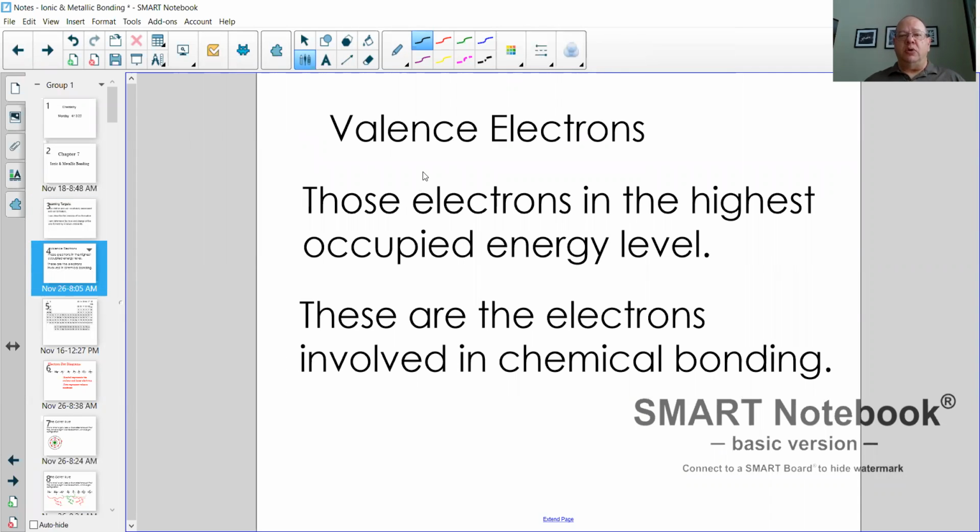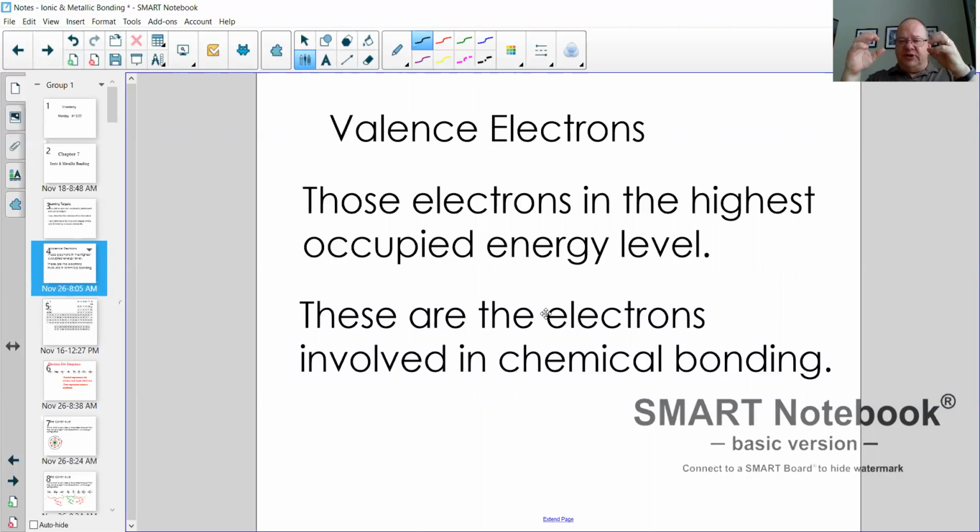So let's review a little bit. We had a term called valence electrons. That's an extremely important term when we go into talking about our ion formation and our chemical bonding in general. The valence electrons are the electrons in that highest occupied energy level, that outermost energy level, because those are the electrons that are involved in chemical bonding.